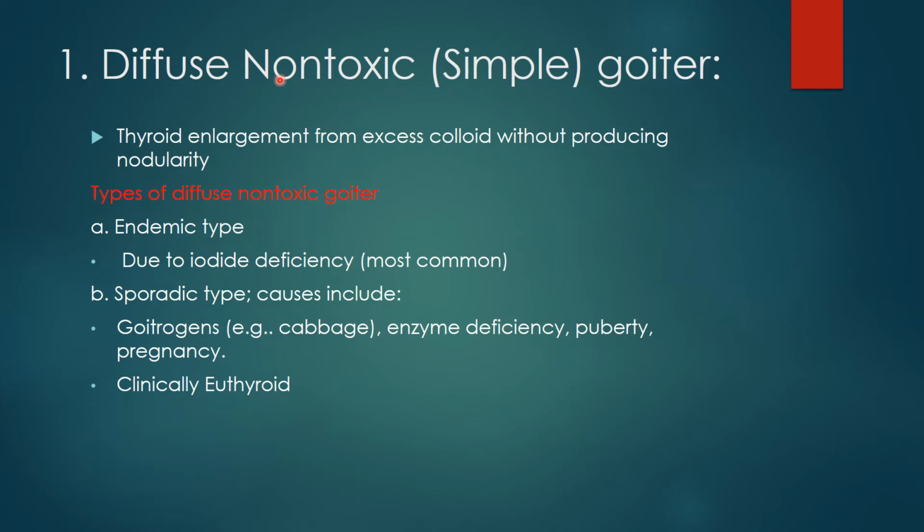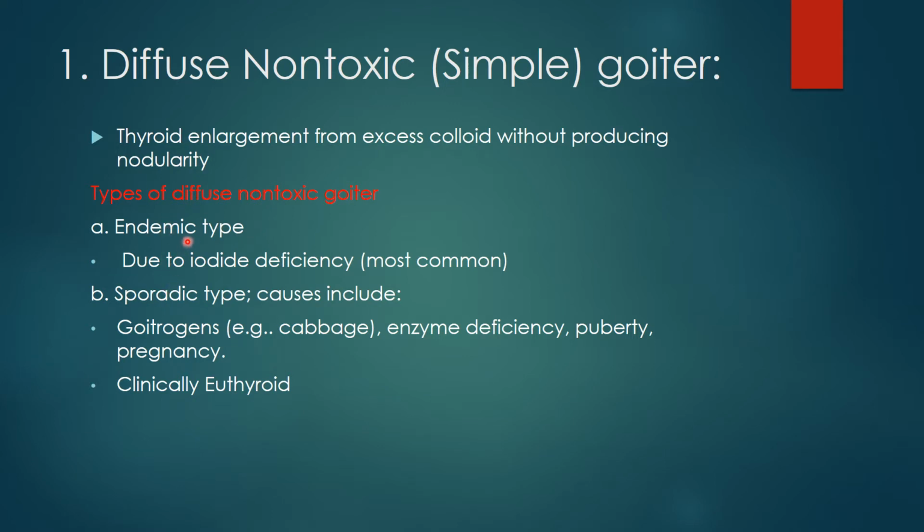This is only the enlargement of the gland, not the impairment of the function of the gland. Whenever there is an impairment of the function of the gland as well, then it is called toxic. So it is a diffuse enlargement because of the excess colloid without the production of nodularity.